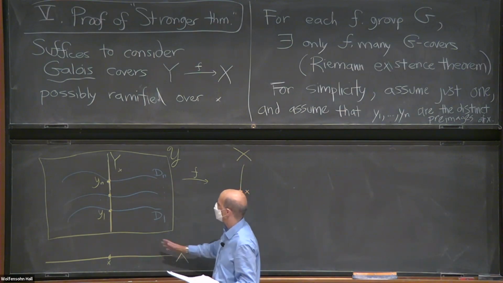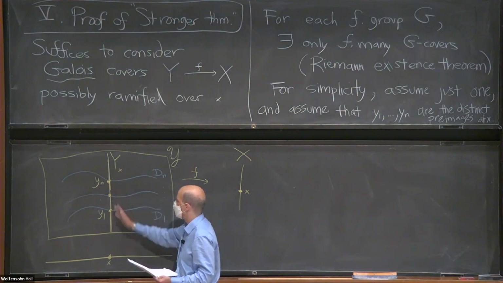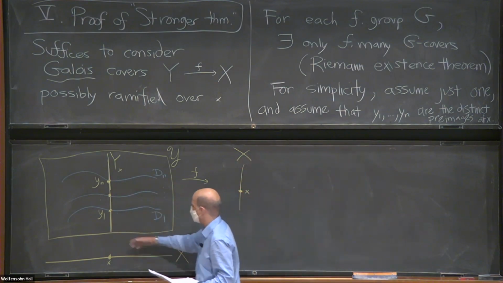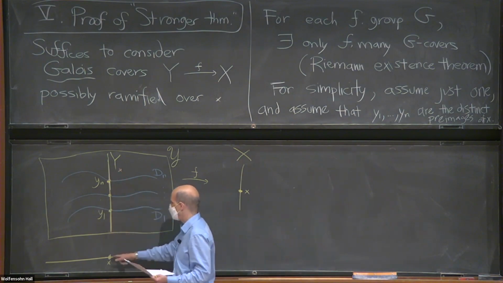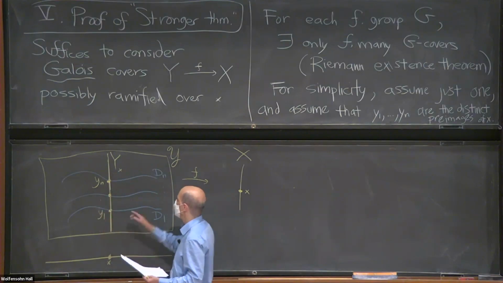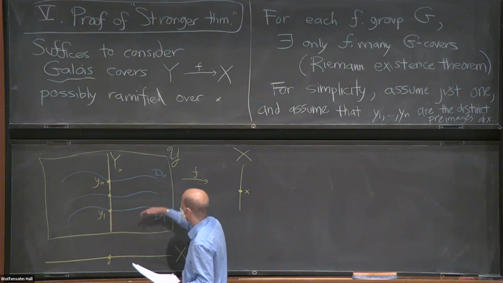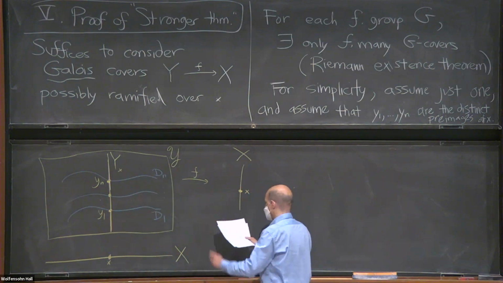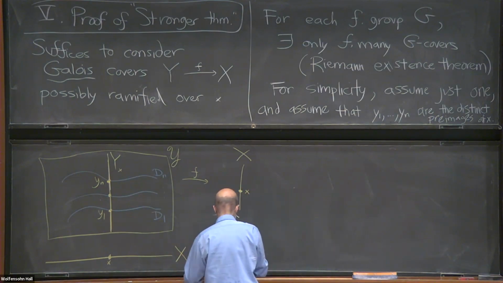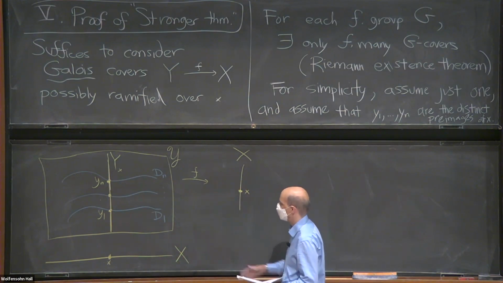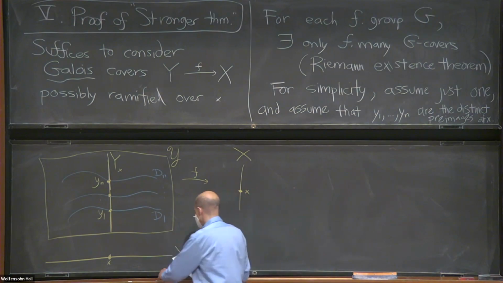I would want to pass to a cover where I parameterize not just x, but which curve above, and also extend it further to have these be disjoint. Let's suppose I've done all that. So this is really some Hurwitz scheme that's a finite etale cover of x.